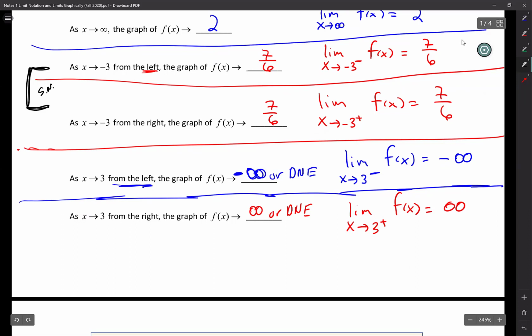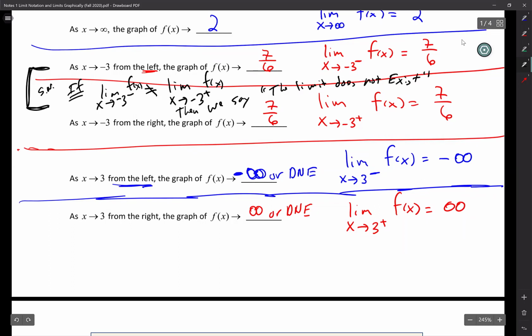Side note: if, and I'm going to underline the word if, limit as x approaches -3 from the left does not equal limit as x approaches -3 from the right of that same function, f of x, then we say the limit does not exist. You can just say DNE.